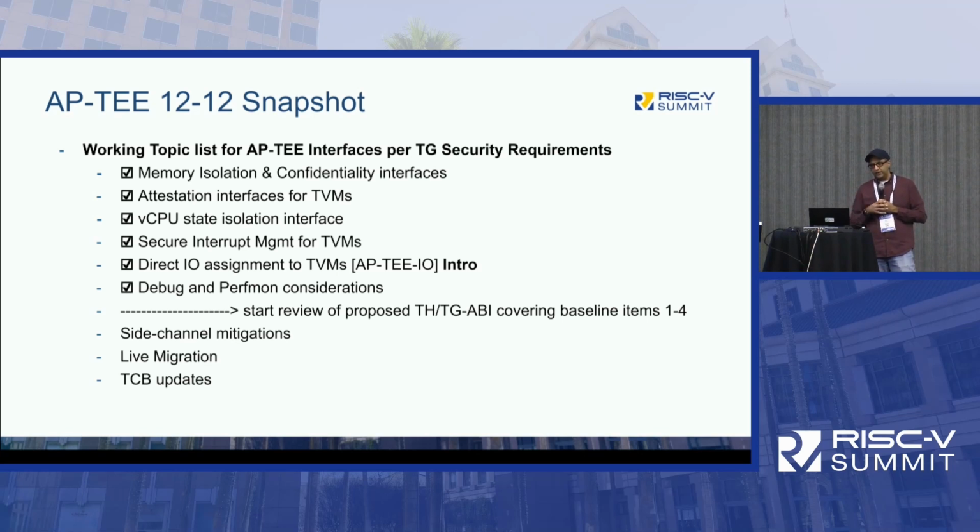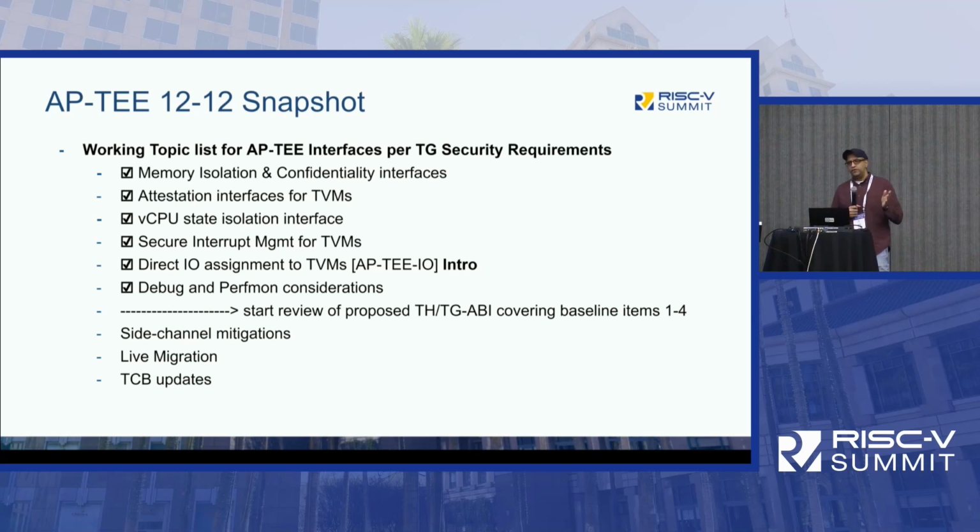The third and the fourth I mentioned earlier: this is about how you ensure the CPU state is isolated, and here we have to take into account the fact that different configurations of the platform might turn on different ISA features, right? Secure interrupt management I spoke about. We have to think forward about what would be the direct IO assignment model, and start thinking about what other platform mechanisms we need to rely on in order to protect that, and what impact that has on the software ABIs.